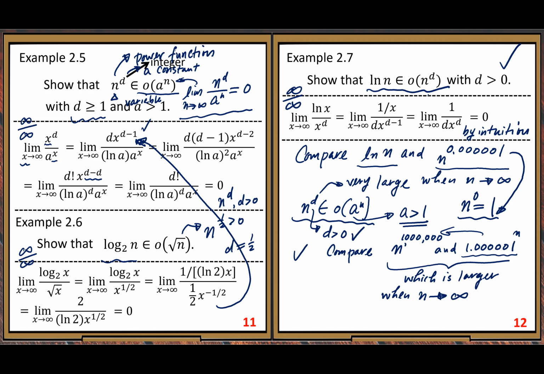We don't care, but eventually that power function n to the d will outgrow the log function. Although it could take a very big n number, we allow n to approach infinity, right? So we don't care how large that n is. Eventually n will pass that line.